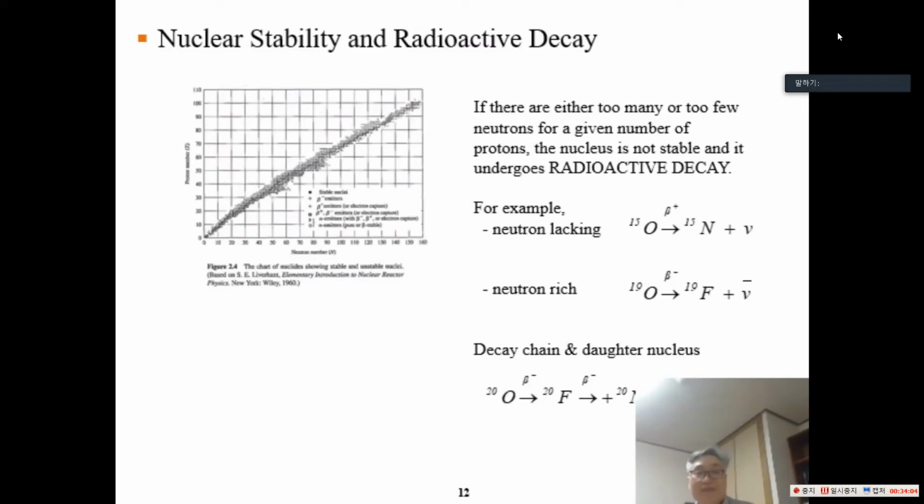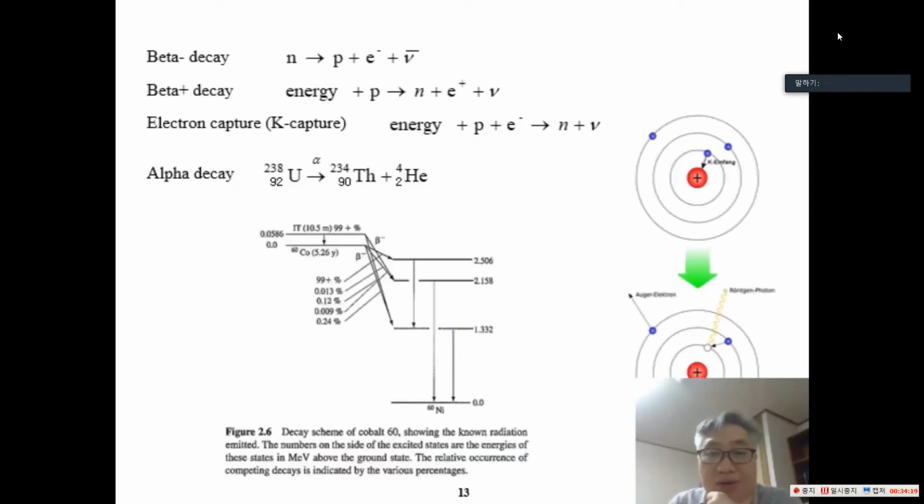Now, when we say radiation, the radiation is alpha ray, beta ray, gamma, or neutron. These are the 4 different types of radiation we experience, and the alpha ray comes first. Alpha ray is actually a helium particle.